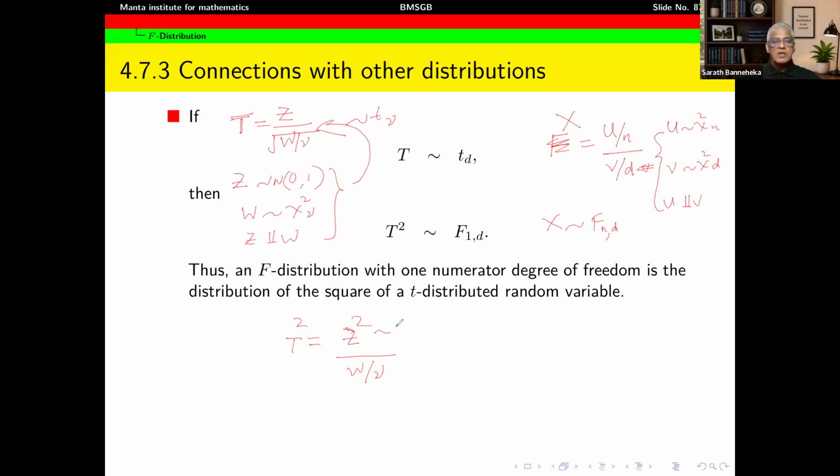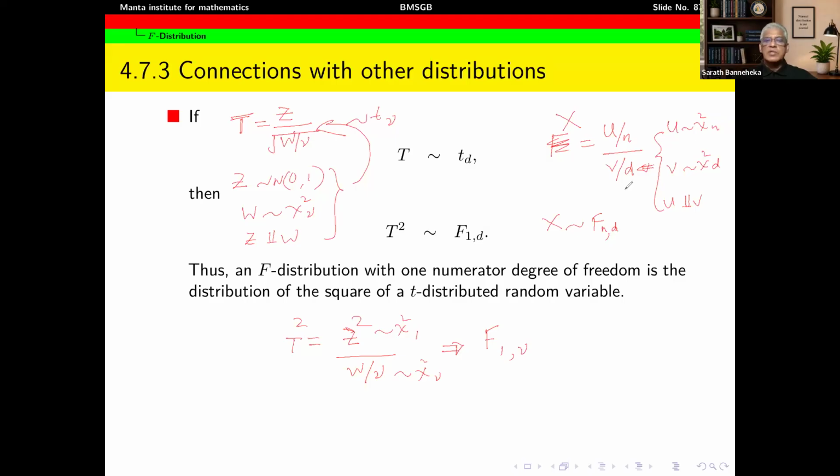Z square has a chi-square 1 distribution, and W has a chi-square nu distribution. So this ratio should have an F1 nu distribution when Z and W are independent.